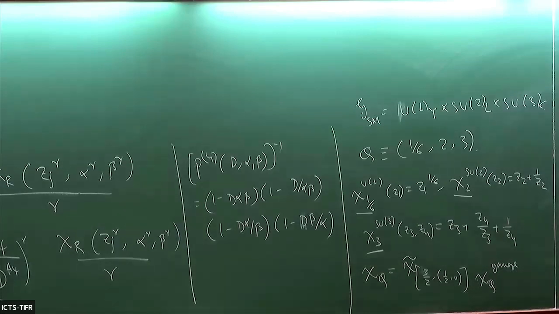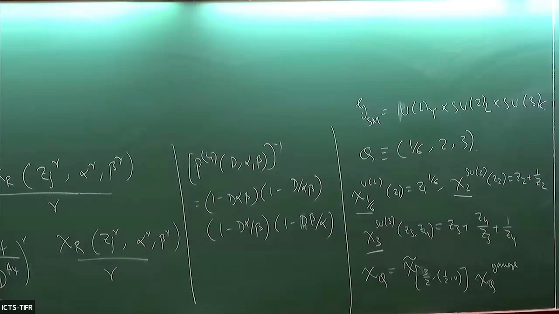Because a singlet you write down as either right-handed or charge conjugation of left-handed, which will transform eventually: half comma 0 will transform as 0, half. Right? And then you use that character. So if you first write down the representation and then find out the character, that's all. Okay.